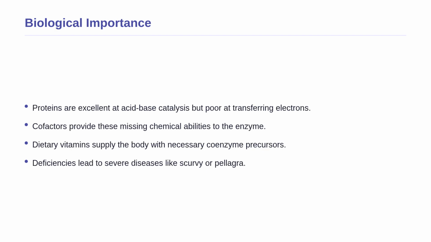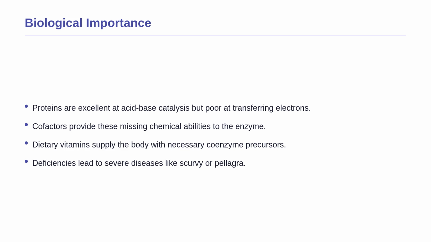Understanding these categories leads us to a very important question. Why do proteins need these helpers in the first place? The answer lies in chemical limitations. The amino acids that make up proteins are fantastic at certain tasks, like acid-base catalysis, but they are terrible at carrying or transferring electrons.